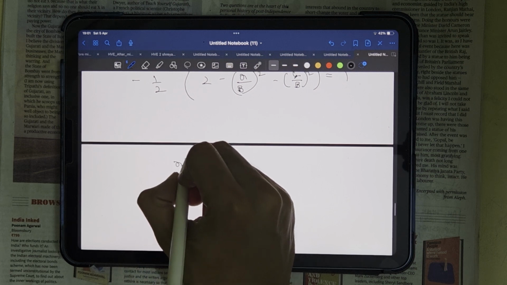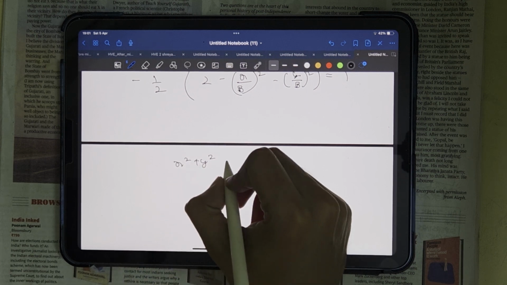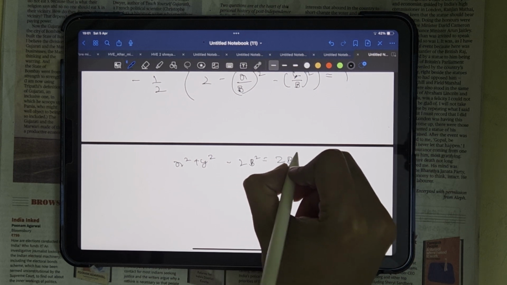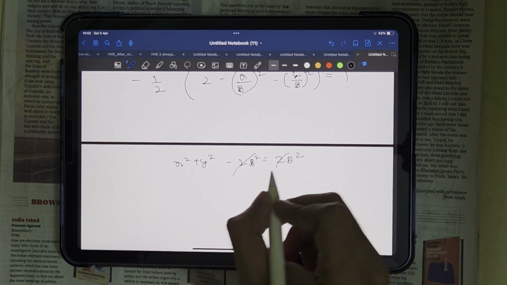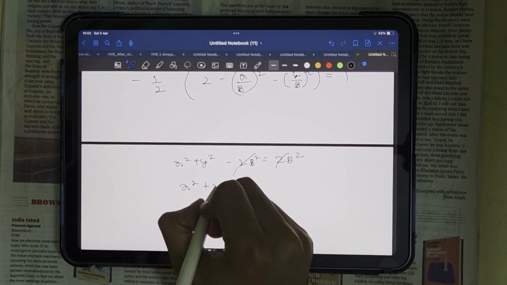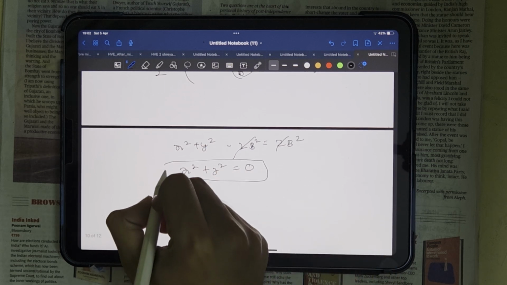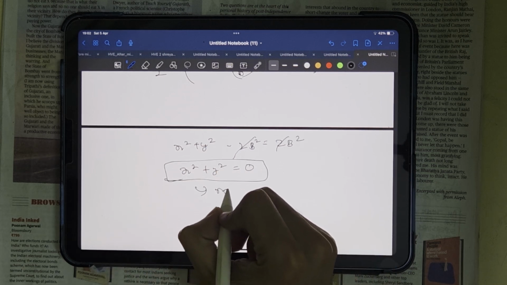So here we will get x square plus y square minus 2b square is equal to 2b square. This will get cancelled and we will achieve x square plus y square is equal to 0. But this is not possible.